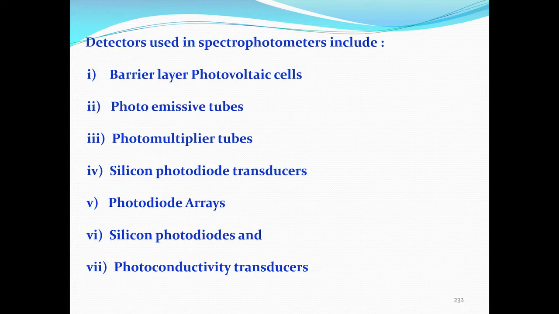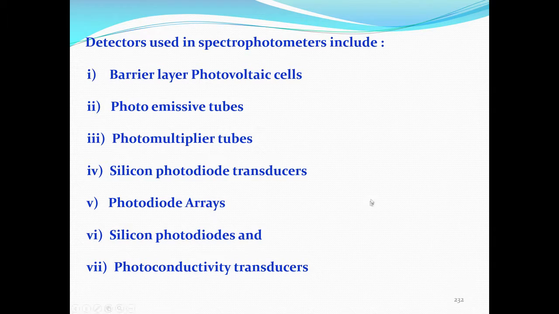Okay. Now, what are the different types of detectors used in a spectrophotometer? I have listed about 7 detectors here, and these 7 detectors are used singly or in multiples in any given spectrophotometer.